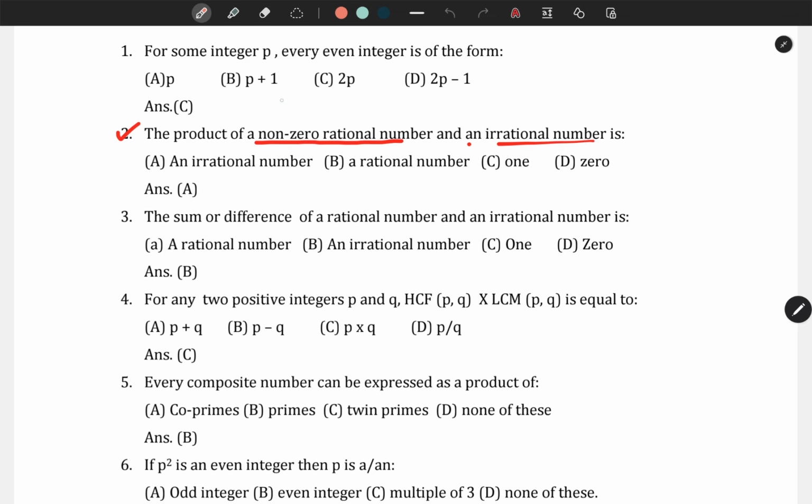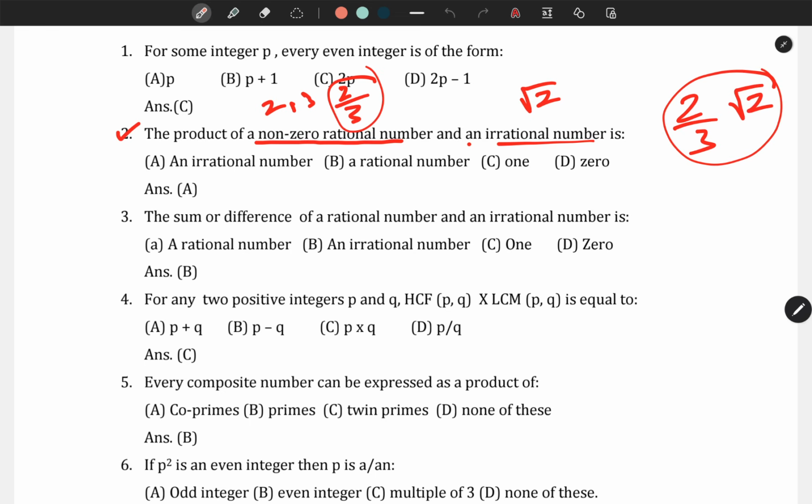Now, non-zero rational numbers can be any number like 2, 3 or 2 by 3. These are rational numbers. And for an irrational number, let's take an example, say root 2. If we take any rational number and multiply with an irrational number, say root 2, the product is always going to be irrational, because we will still have this root number here.